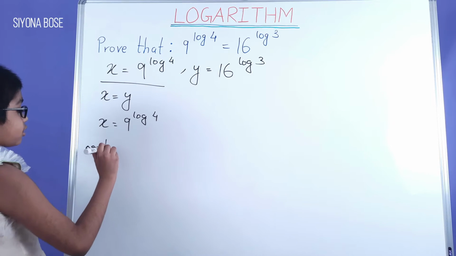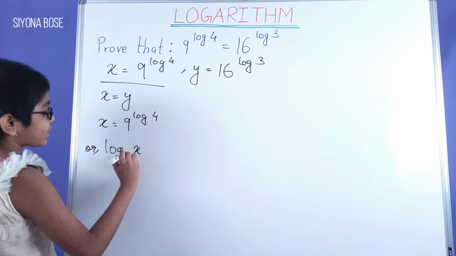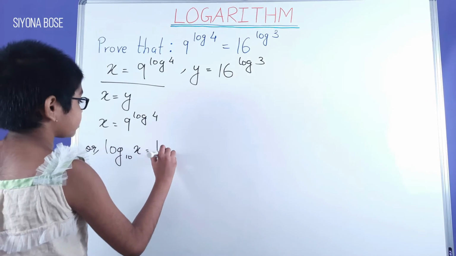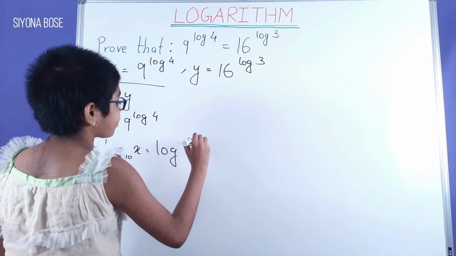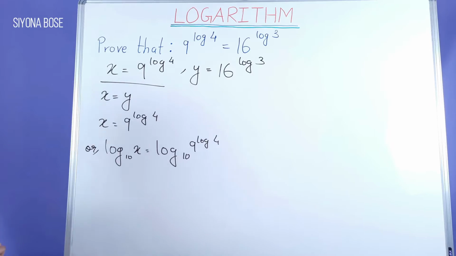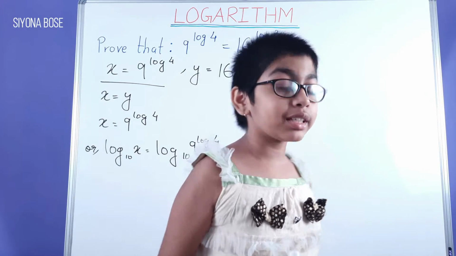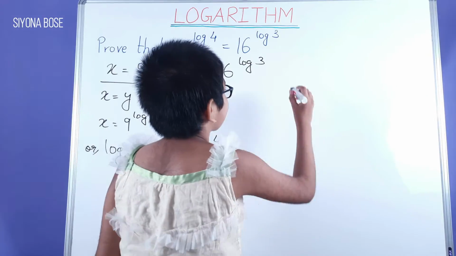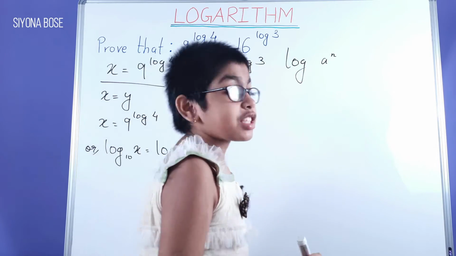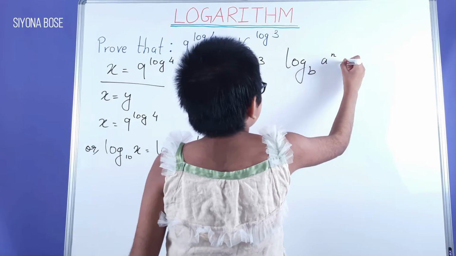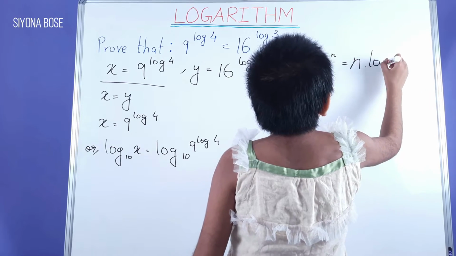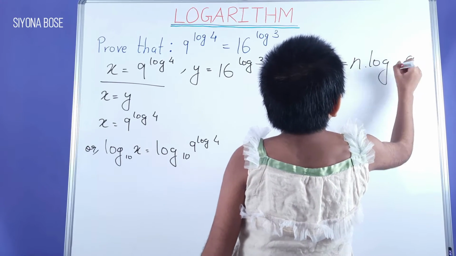Then we have log x to the base 10 is equal to log of 9 to the power of log 4 to the base 10. Now, we know the formula that log of a to the power of n to the base b is equal to n into log of a to the base b.